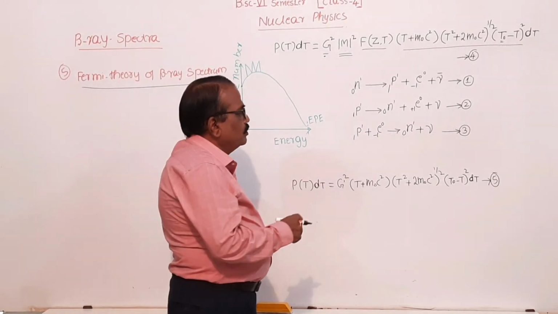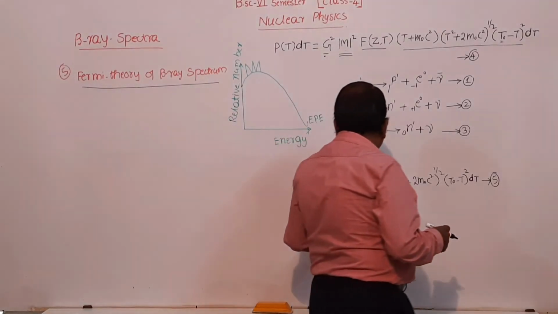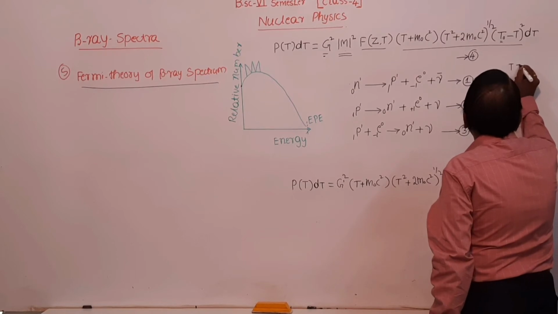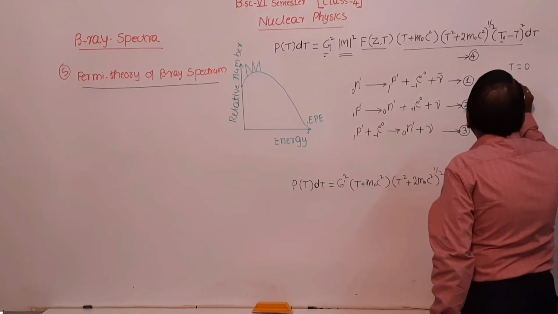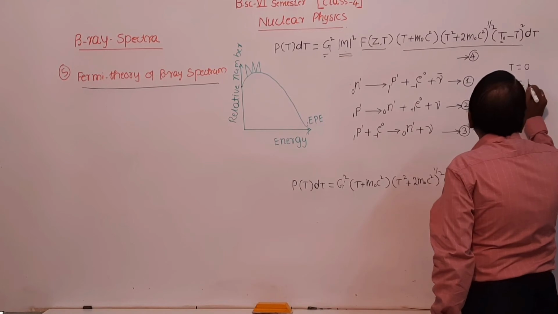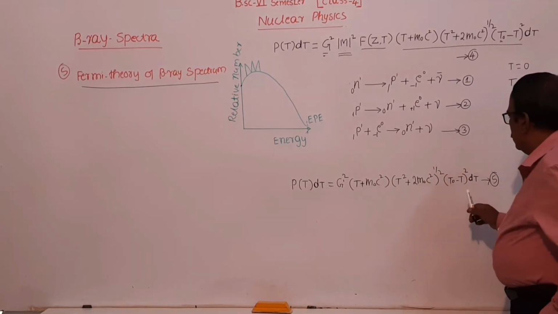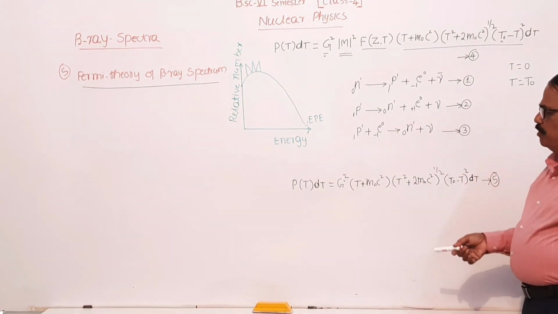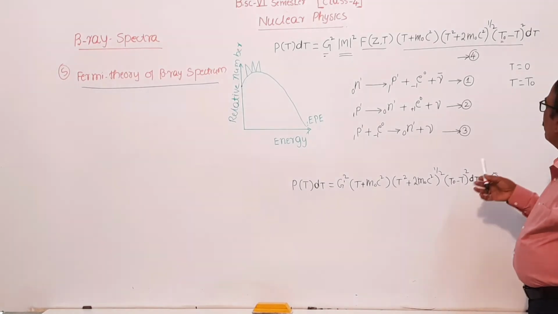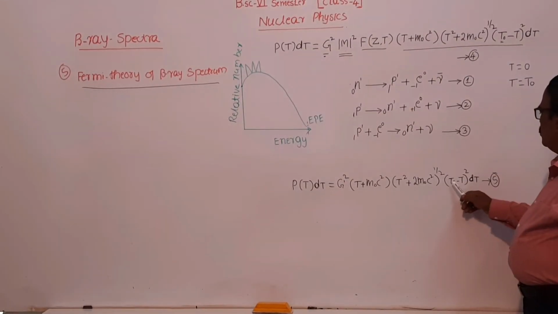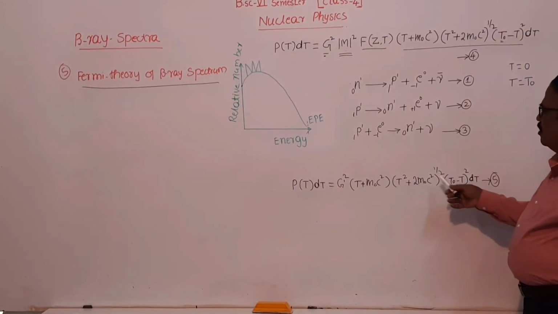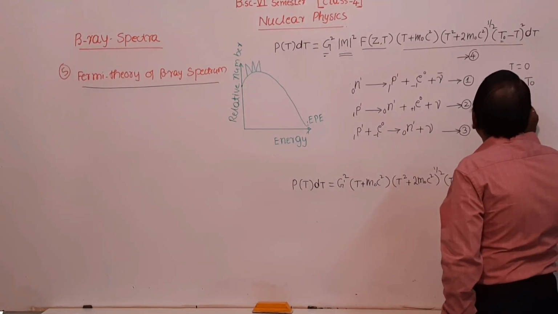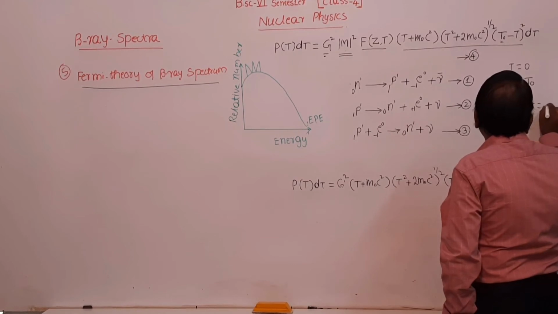If you discuss this equation 5, at T equal to 0 and T equal to T0, if you put T equal to 0, that P(T) dT is 0. If T equals T0, in both cases this fraction works out to be 0.